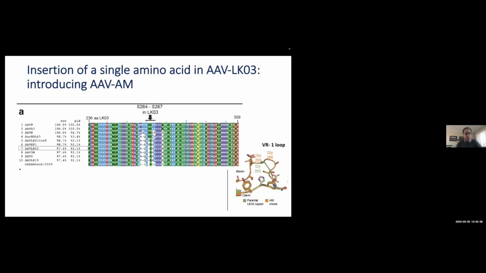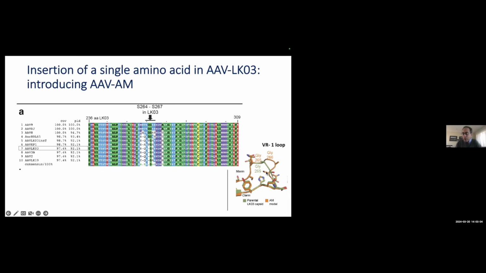So one of the things we did was we did alignments of different AAV capsids that we knew worked better or worse in one species versus another. And we looked at alignments, and we decided to add a single amino acid insertion at position 266 in the capsid sequence that would basically push the alignment over to the right.